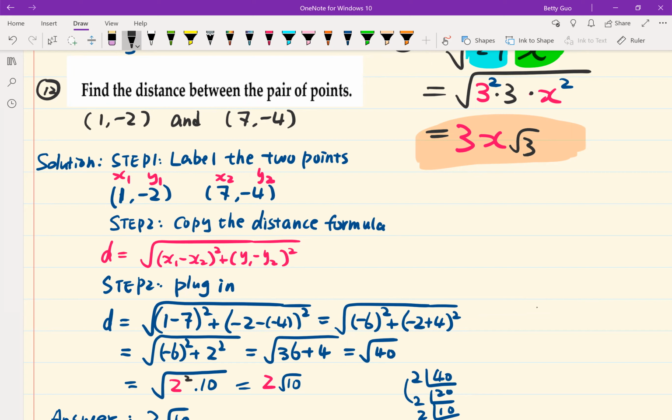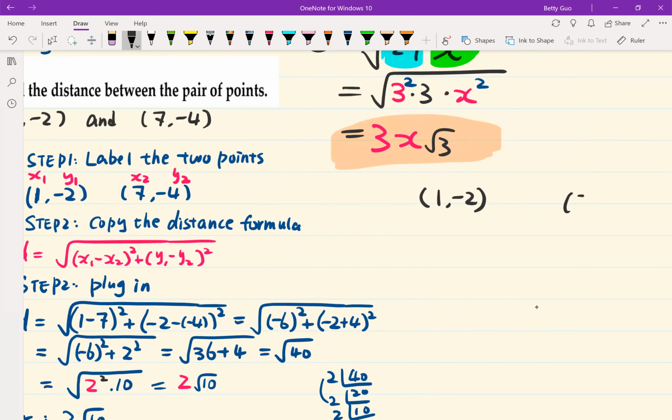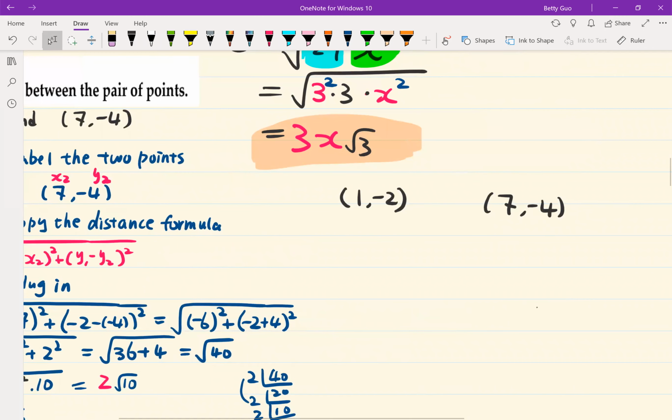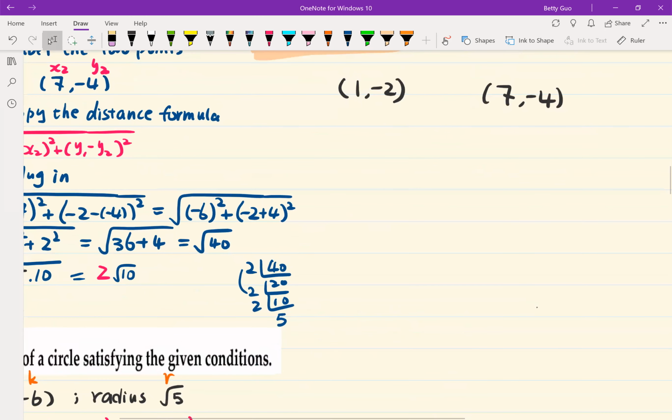The 2 points are (1, -2) and (7, -4). Just something extra: in which quadrant is the point (1, -2), quadrant 1, 2, 3, or 4?